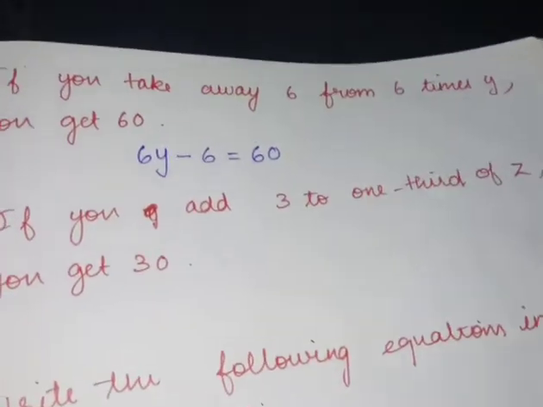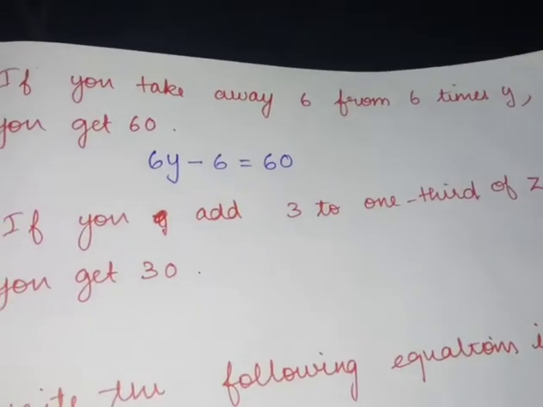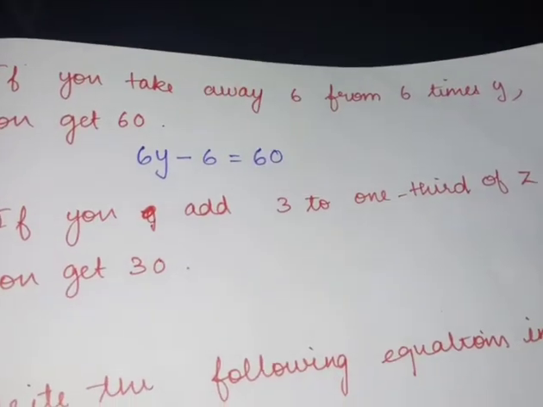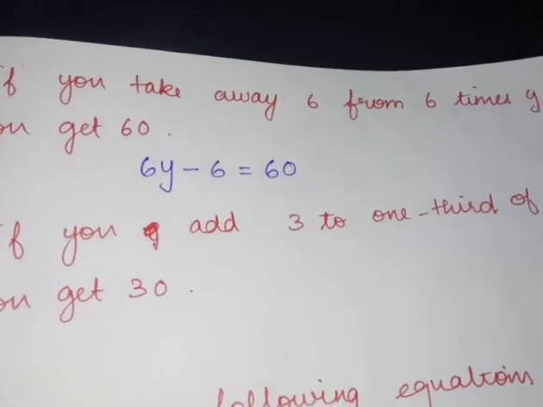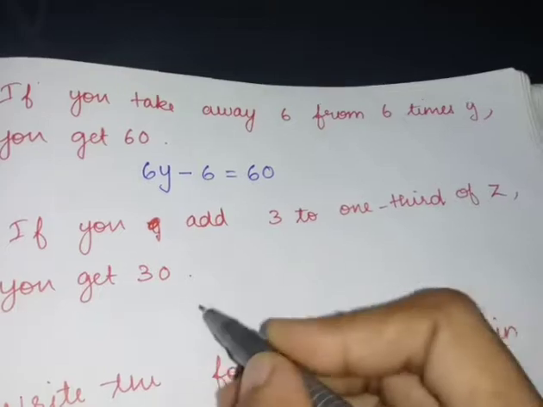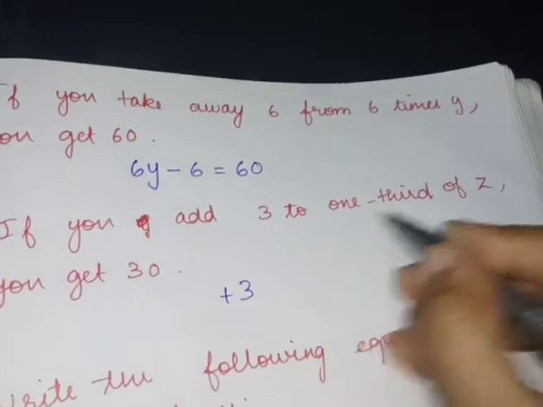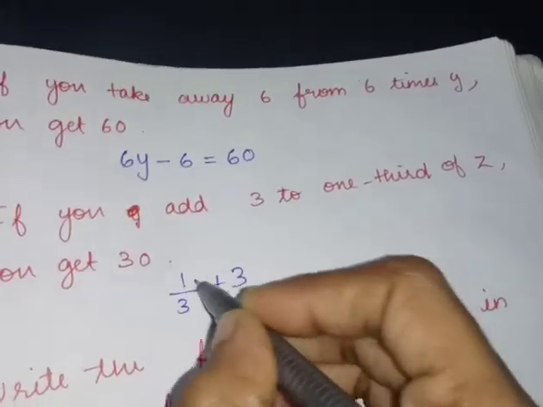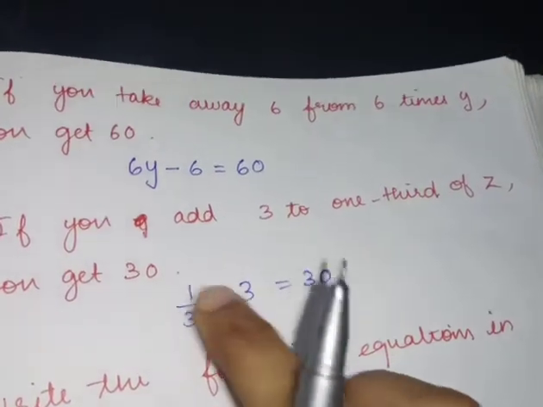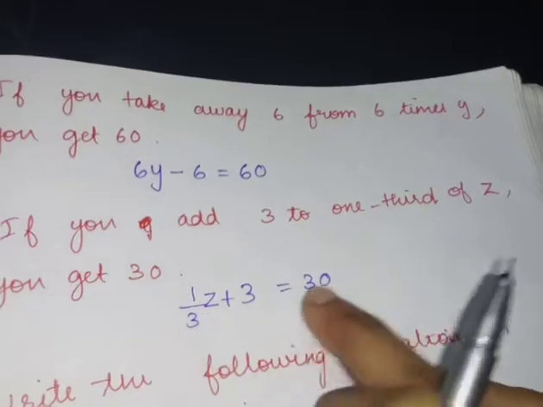Next, ninth problem. If you add 3 to 1/3 of z, you will get 30. So what is the question? If you add 3 to the 1/3 of z, you will get 30. 3 is added to 1/3 of z, you will get 30.